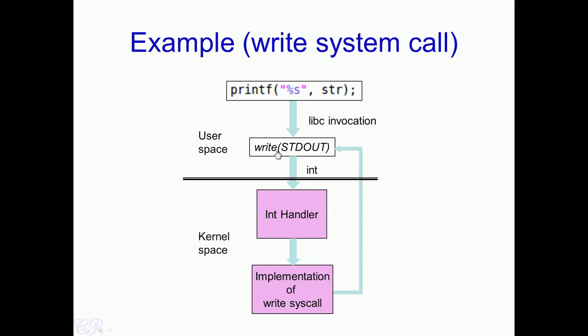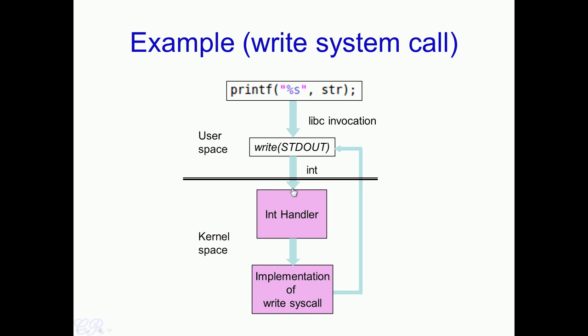In the write function, it would invoke INT 64 in xv6 or INT 128 in Linux and cause a software interrupt to occur. The software interrupt, as we know, would cause the transformation from the user space to the kernel space, and it would result in the operating system executing.